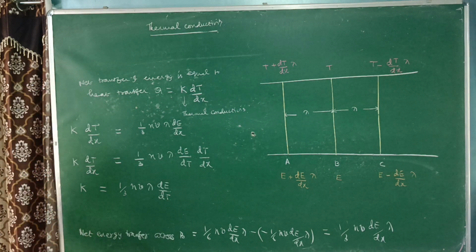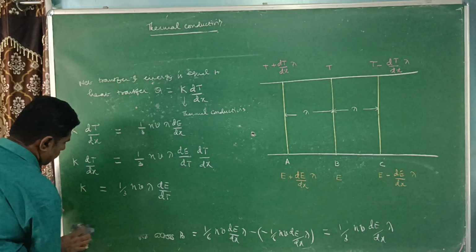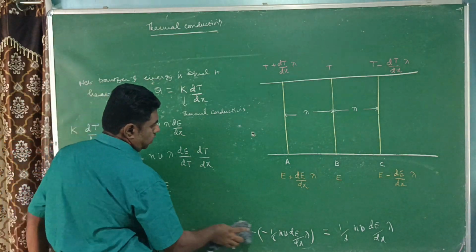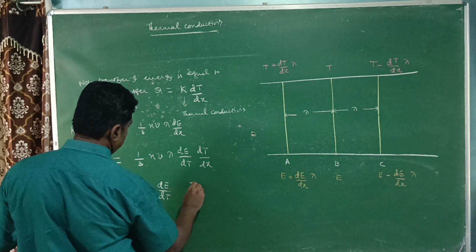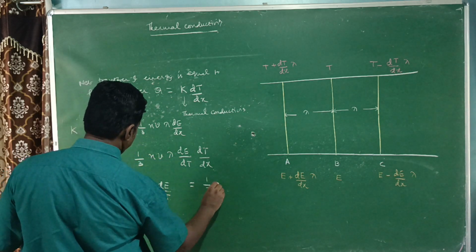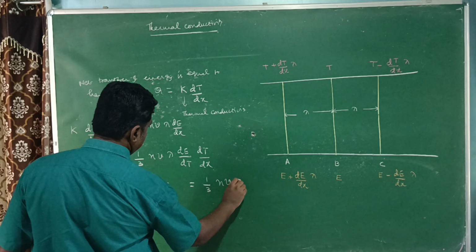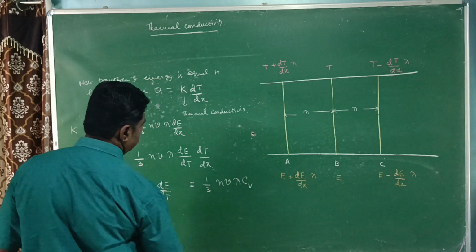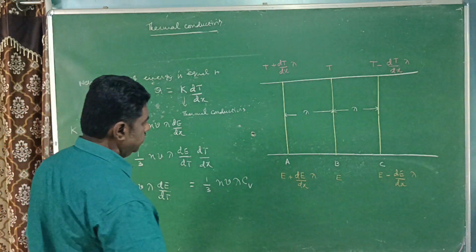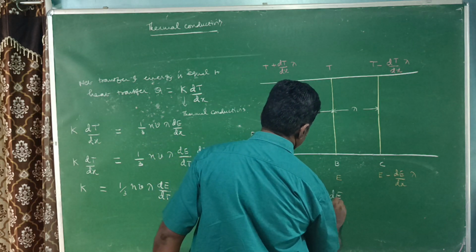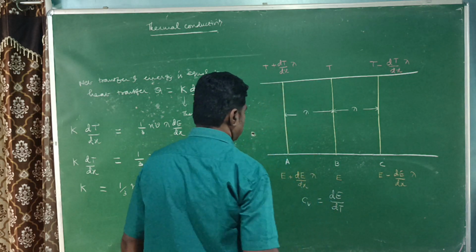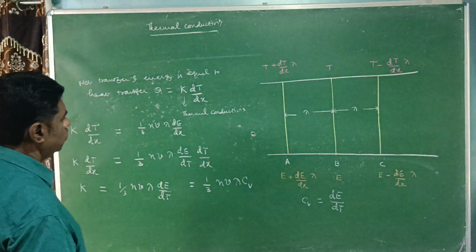But dE by dT is our specific heat capacity at constant volume. So K is equal to 1/3 nv lambda into Cv, where Cv is equal to dE by dT, the specific heat capacity at constant volume.